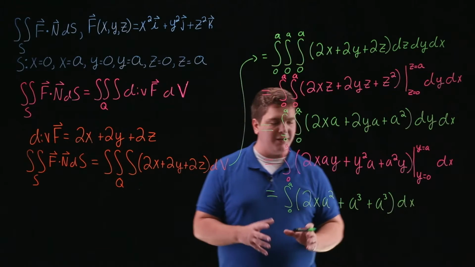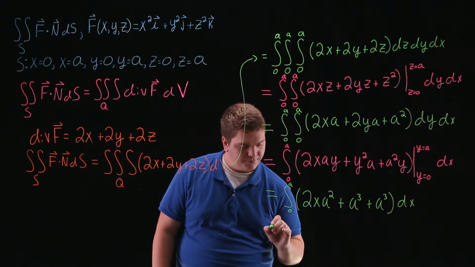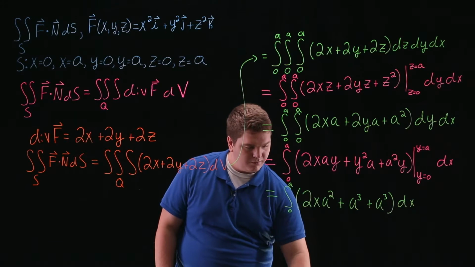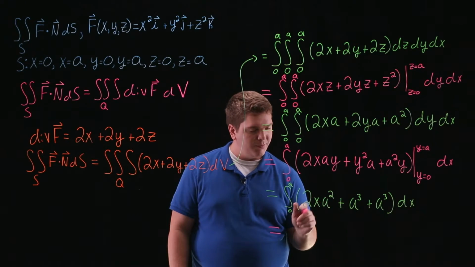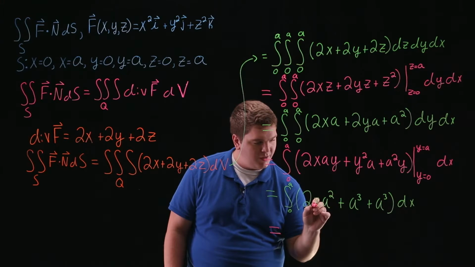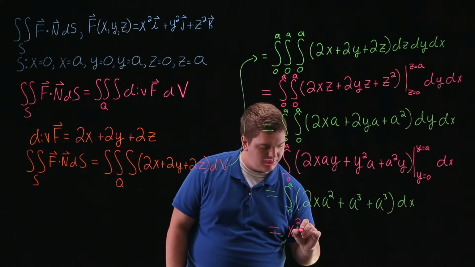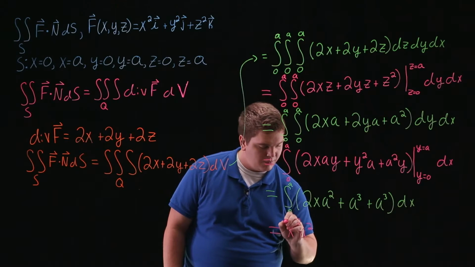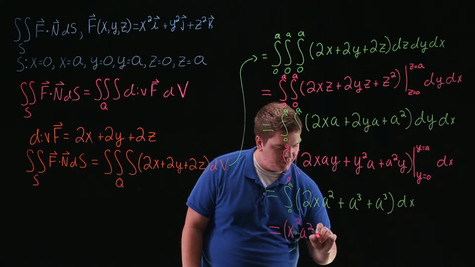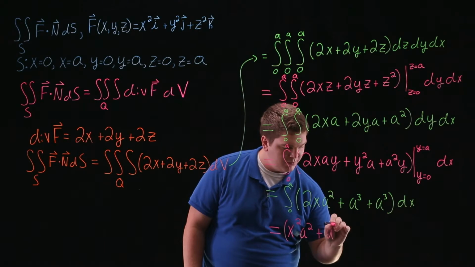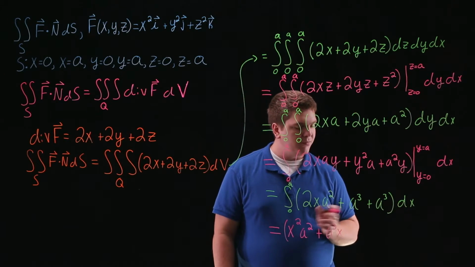We want to integrate with respect to x this time. Integrating with respect to x, we have x squared times a squared, plus a cubed times x, and then another a cubed times x.